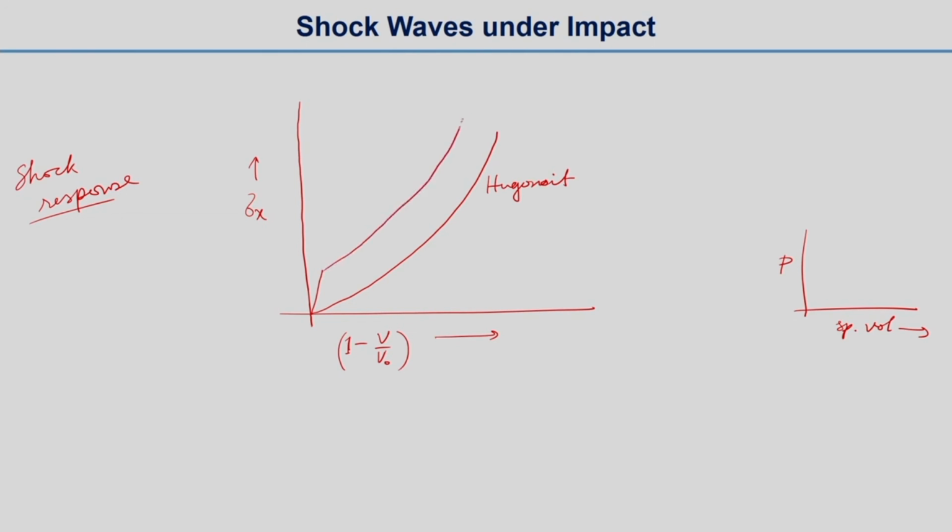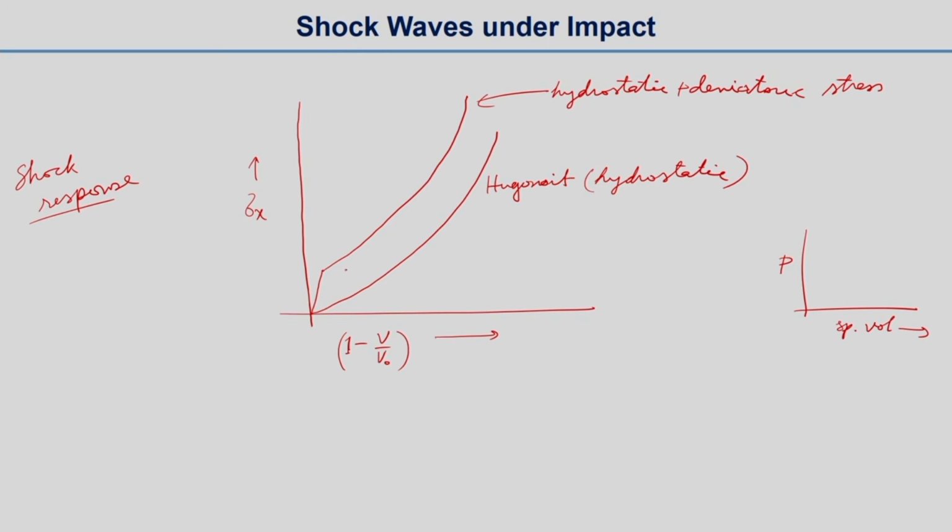This is because the Hugoniot curve has only the hydrostatic component, while this may have both hydrostatic and deviatoric, because in the Hugoniot we have ignored the deviatoric stresses.